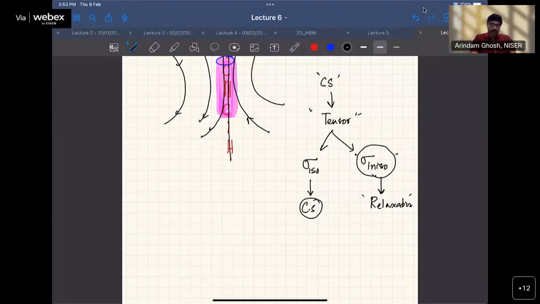This anisotropic part, meaning the asymmetric electron cloud around the nucleus, helps in this relaxation. This is called CSA, chemical shift anisotropy. It is one mechanism of relaxation.